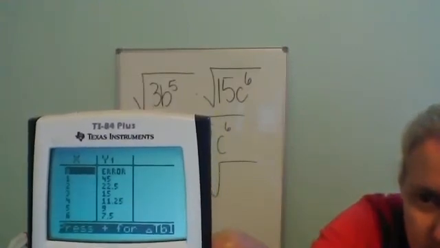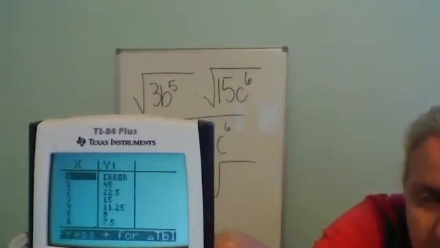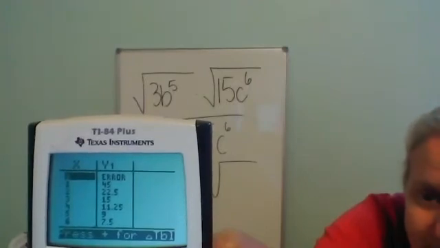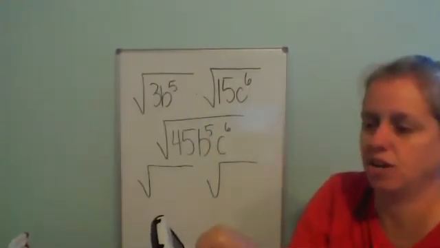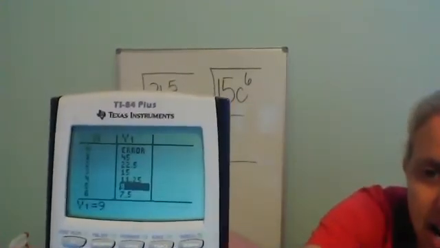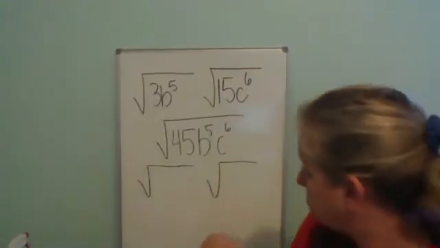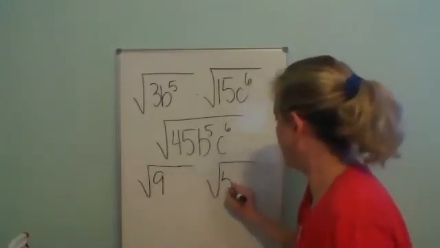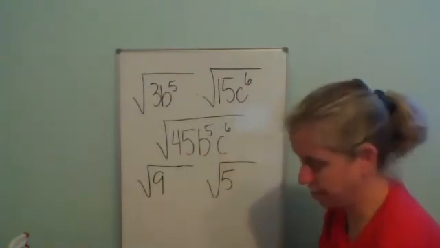So let's see, 3 and 15. Neither one are perfect squares, but go down to the next factor pair, 5 and 9, right? 9 is a perfect square. I can find a number that multiplies times itself to get a 9, which means it's a perfect square. So I'm going to break up my perfect square. Part of this is 9, which means my leftover is 5. Now, because 9 times 5 gives me that 45.